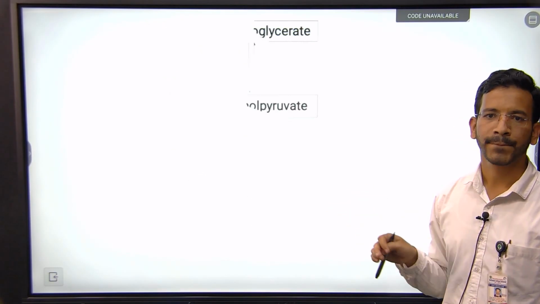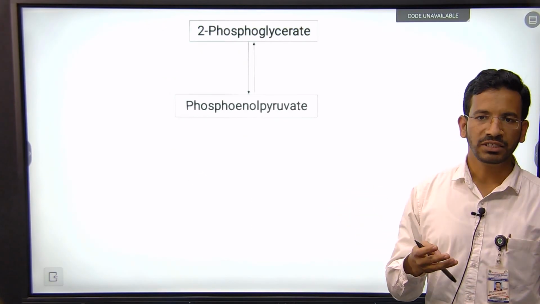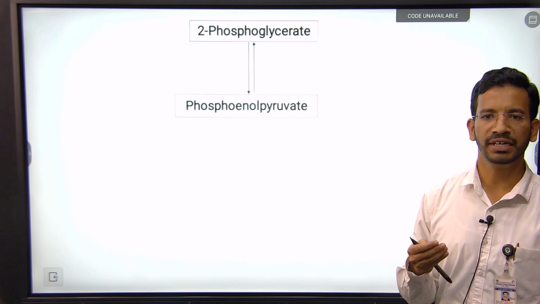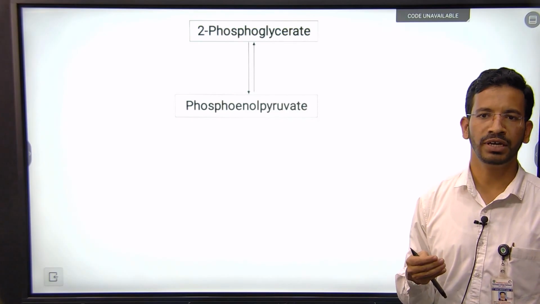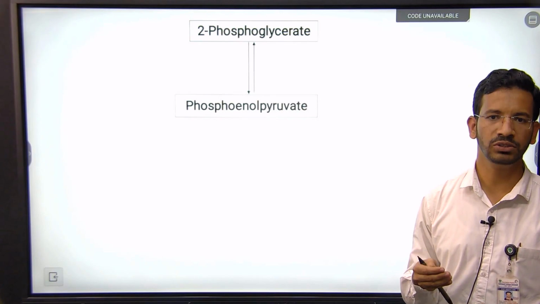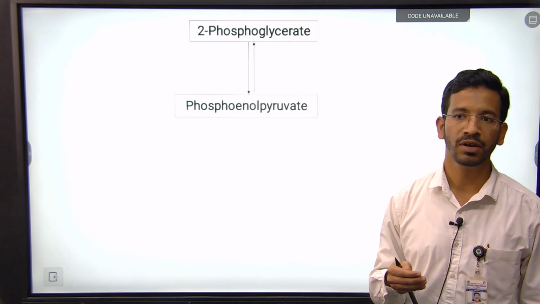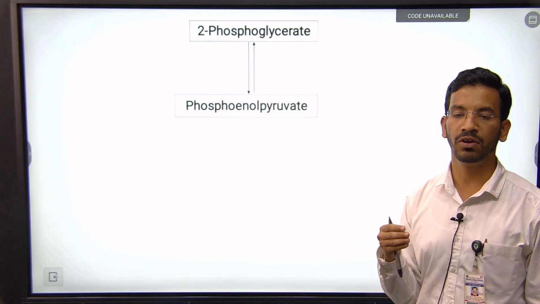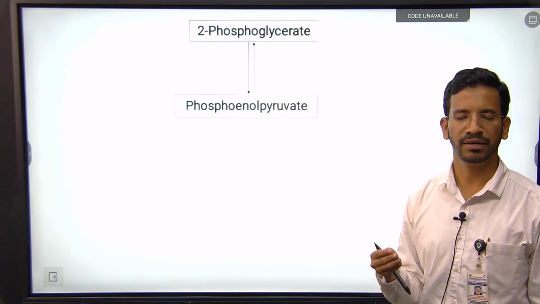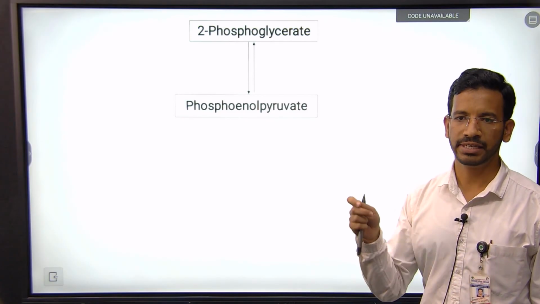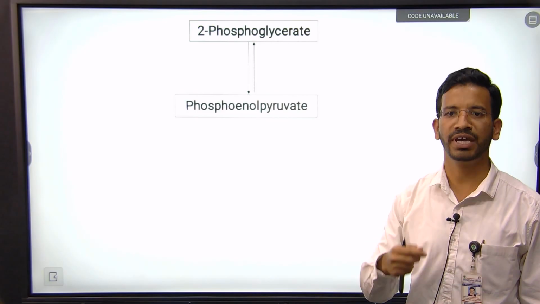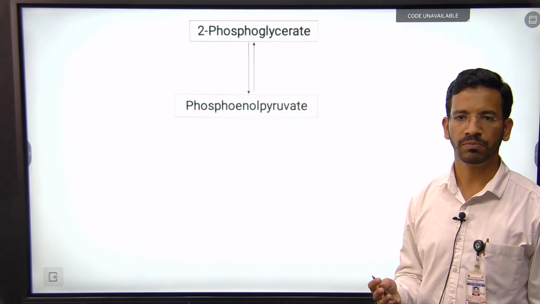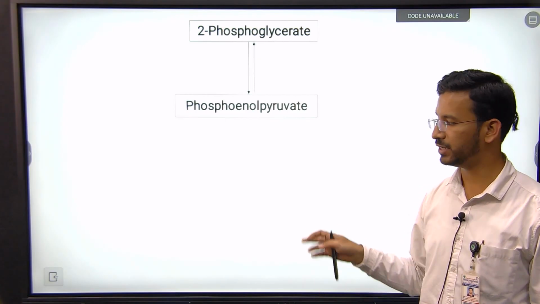Next, the last product formed, 2-phosphoglycerate, is converted into phosphoenol pyruvate, also called phosphoenol pyruvic acid. So we can refer to it as phosphoenol pyruvate as well as phosphoenol pyruvic acid.